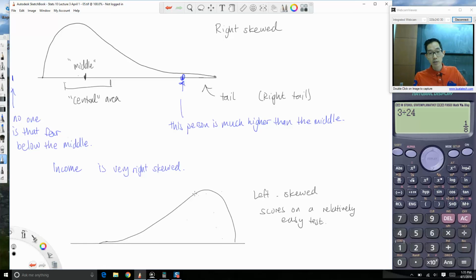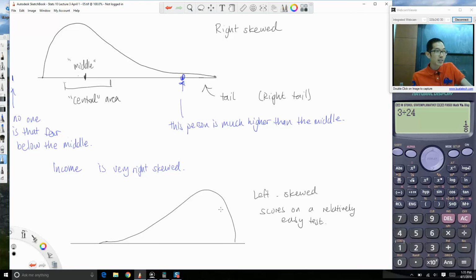If it's a relatively easy test, then the bulk of scores are going to be around 90%, but you're not going to get over 100% unless there's extra credit, but then you're not going to get over the maximum score. Maybe that's 105%. Who knows? Okay, you can't get higher than perfect.